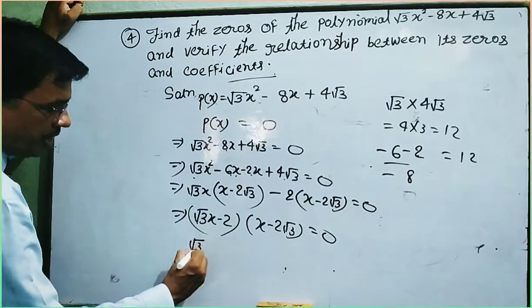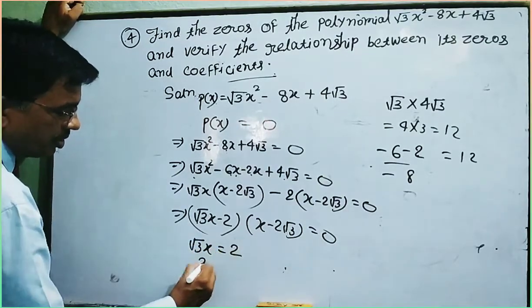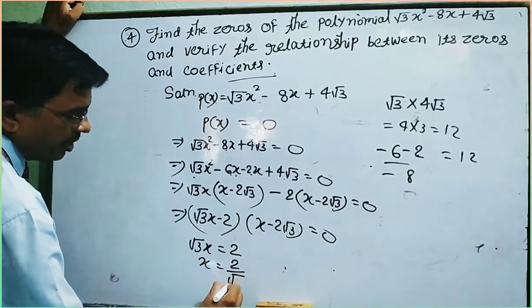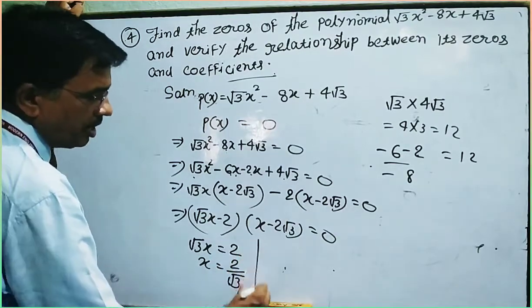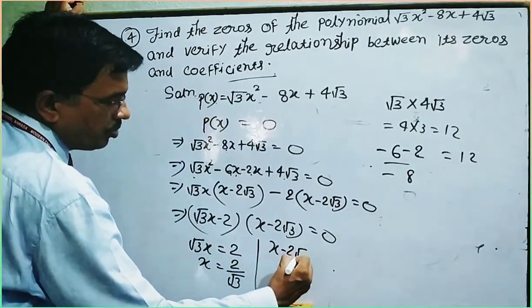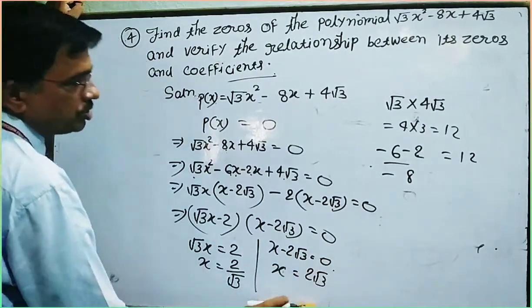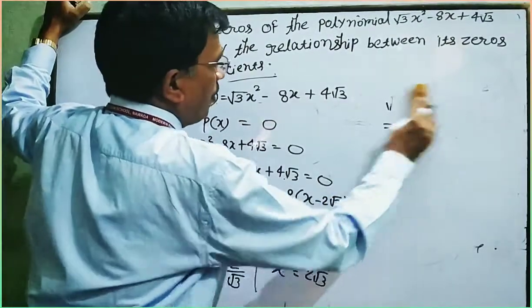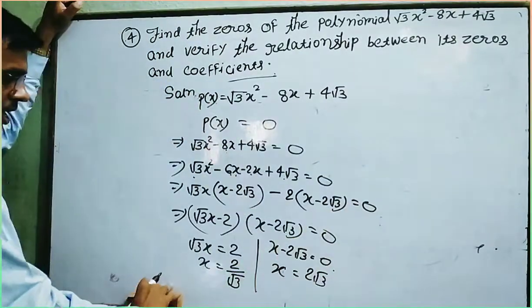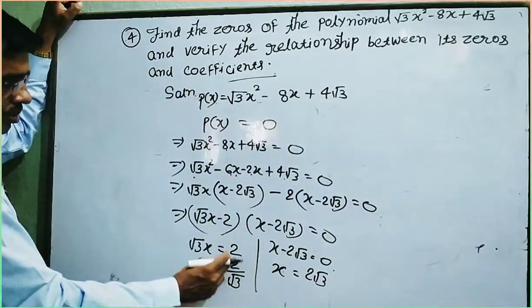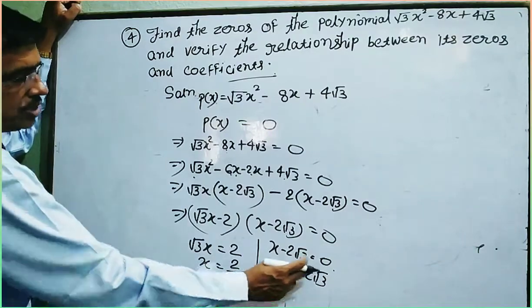Therefore root 3 x = 2, then x = 2 by root 3. Similarly, x − 2 root 3 = 0, so x = 2 root 3. So you find here the values of x: one is 2 by root 3, another is 2 root 3.